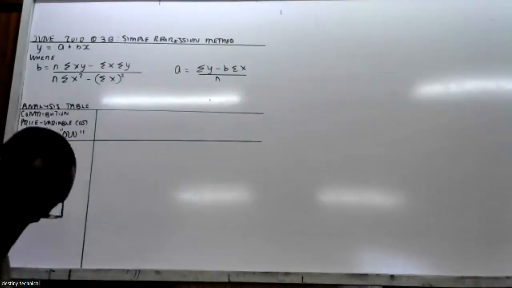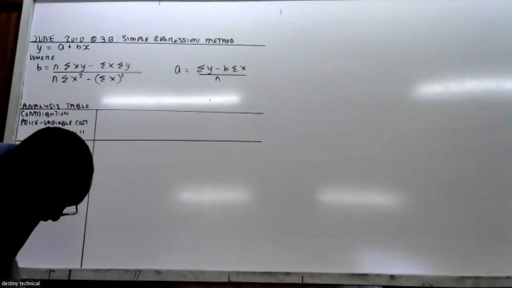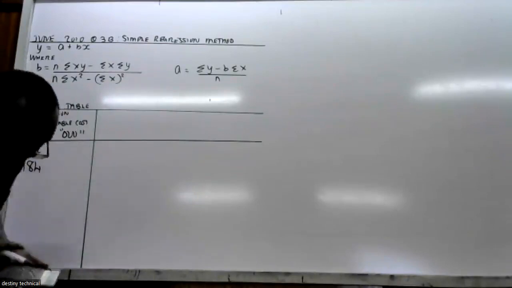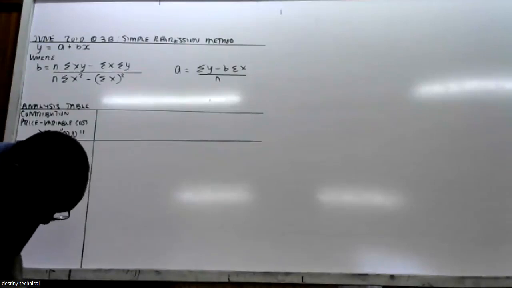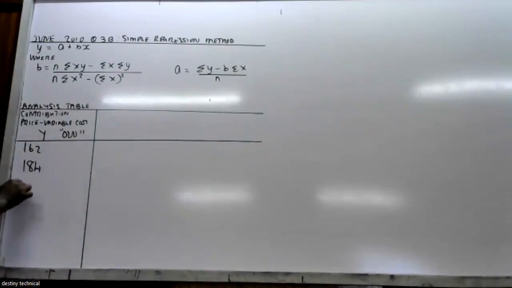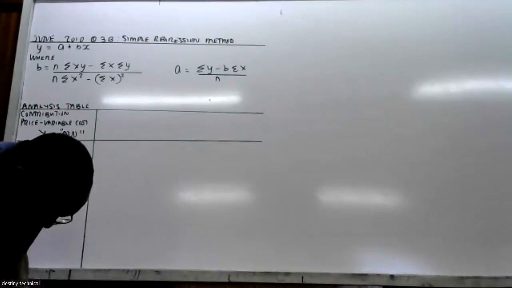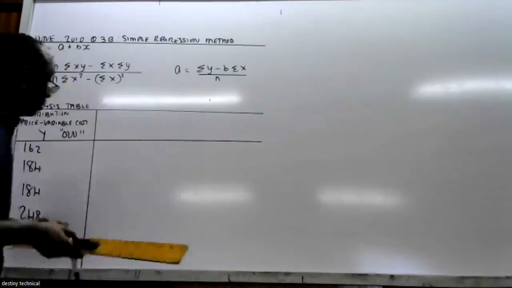The next one is 346,706 minus 166,706 is 184. The next one is 363 minus 179 is 184 again. The next one is 448.8 minus 200.8 is 248.